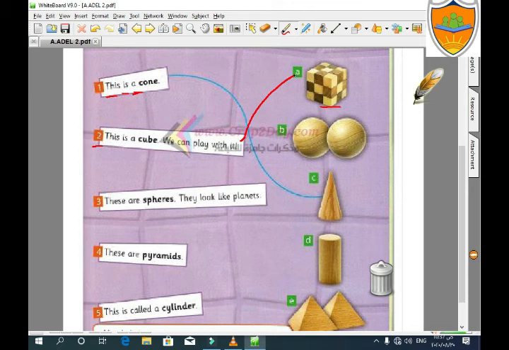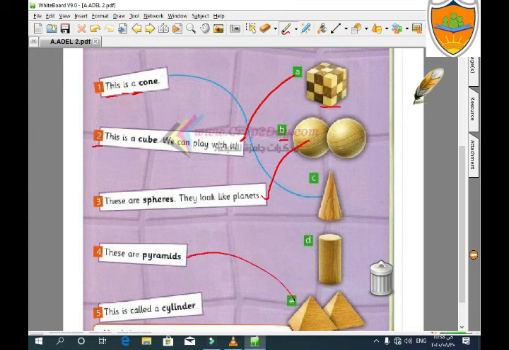Number 3, these are spheres. They look like planets or a football. So where are the spheres? Letter B. We will match number 3 with letter B. Number 4, these are pyramids. All of us know the pyramids.